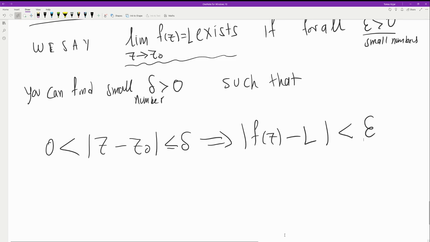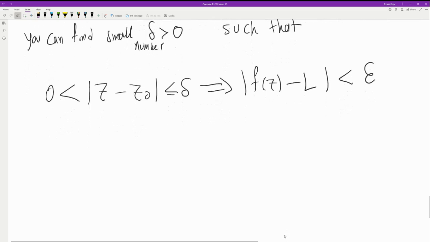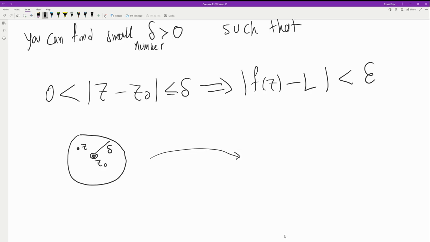Okay, so let me draw a picture. It says here z naught. Draw a ball that skips the point, and this is a delta ball, and pick a point z. Then this point z gets mapped to a point within epsilon precision.